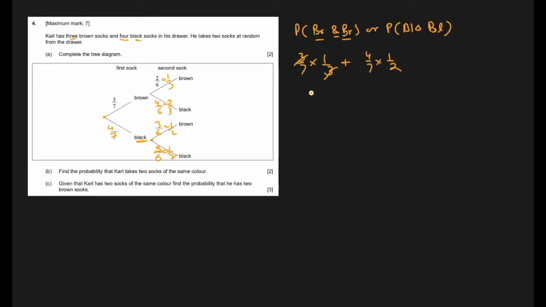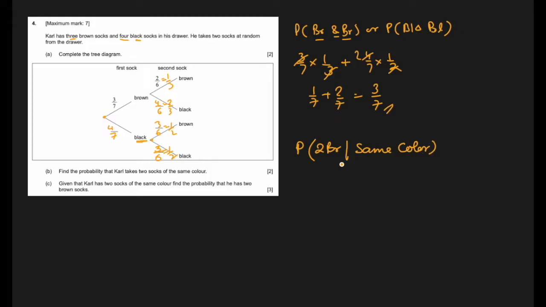So 3 and this cancel, 1/7. This and this also cancel, 2/7. The answer is 3/7, the probability that both are of the same color. C. Given that Carl has 2 socks of the same color, find the probability that he has 2 brown socks. Okay, we have to find the probability of 2 brown socks given that they are of the same color.